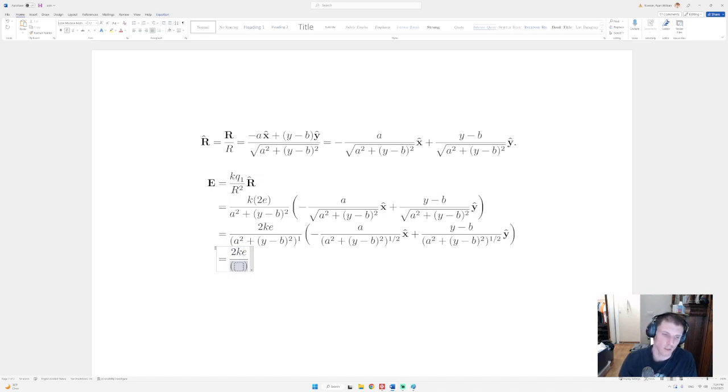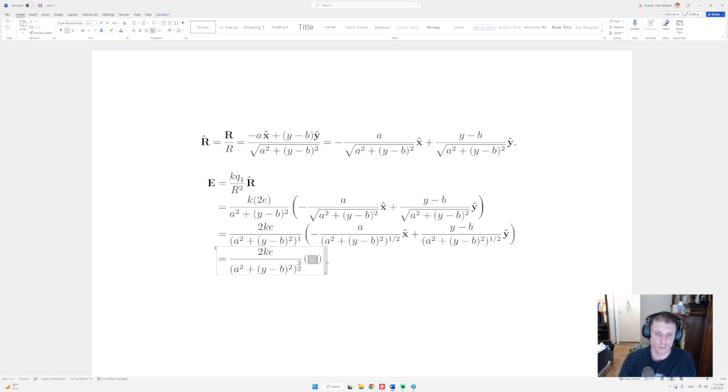But then what this becomes is a squared plus y minus b quantity squared to the 3/2, right? Because 1 plus 1/2 is 3/2, and that's our rule for combining powers, in this way, by multiplication.